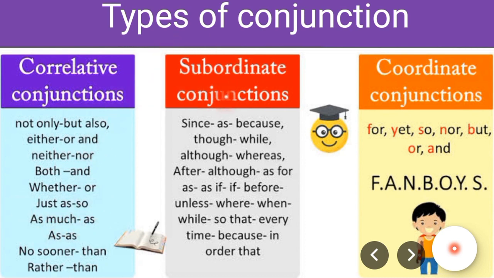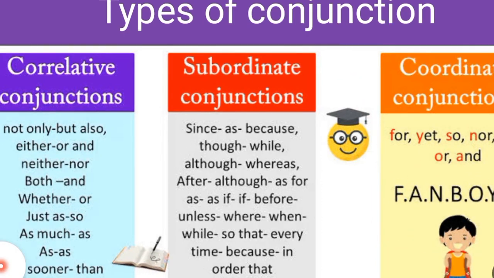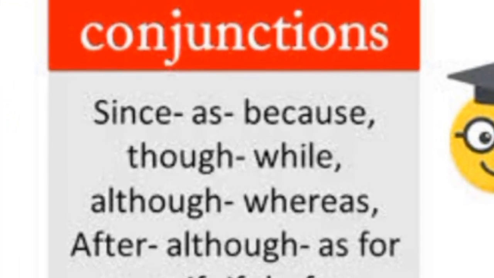And subordinate conjunctions: since, as, because, though, while, although, whereas, after, as for, and much like that you are watching on your screen. And coordinate conjunctions. These are FANBOYS: for, and, nor, but, or, yet, so, etc. These were the building blocks of a sentence.